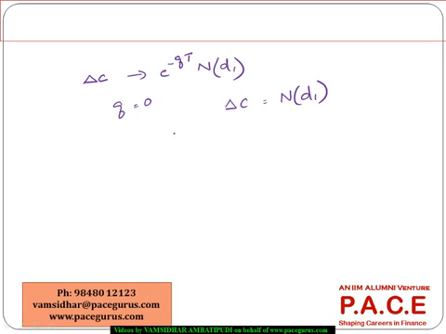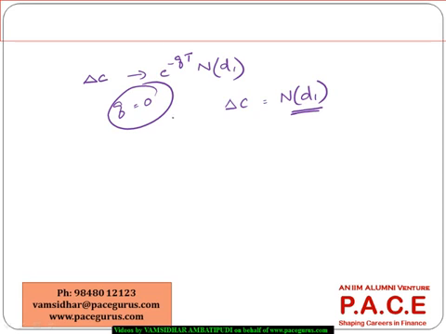So whatever n d1 we are getting in the case of a call option is the same as delta if the underlying asset does not pay any kind of dividend.